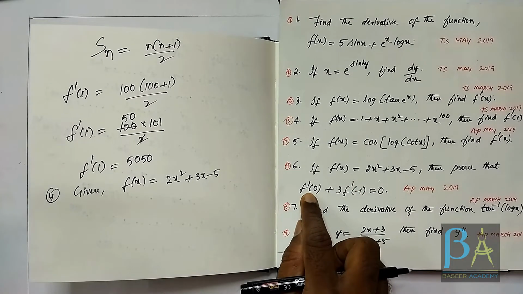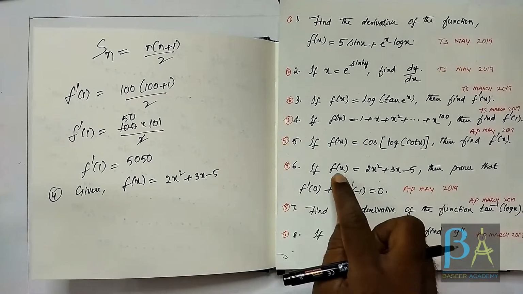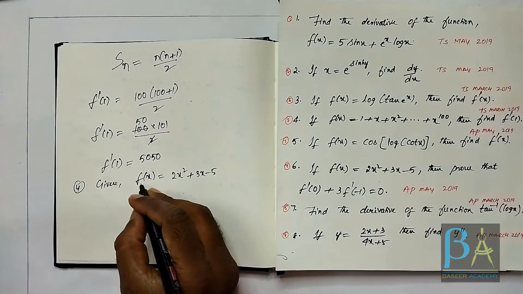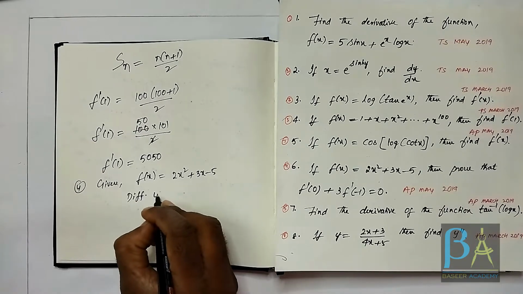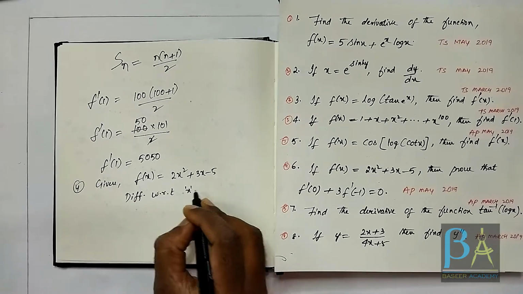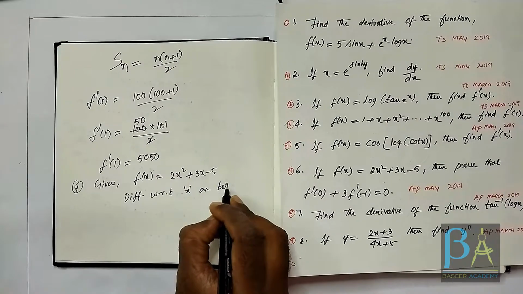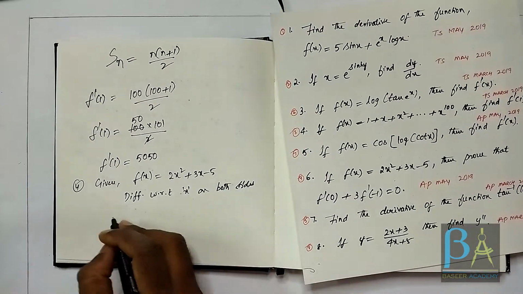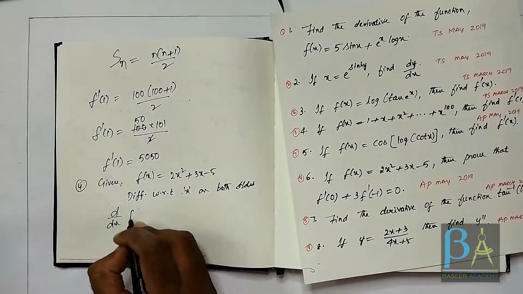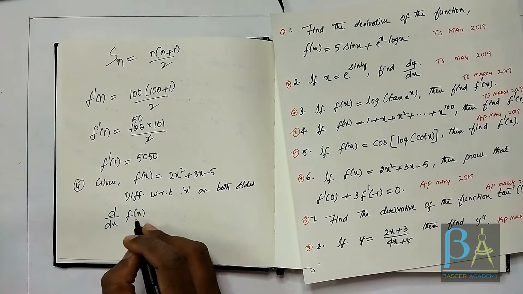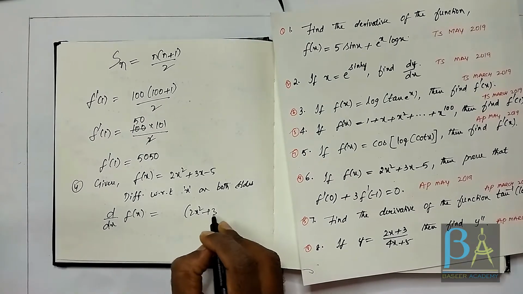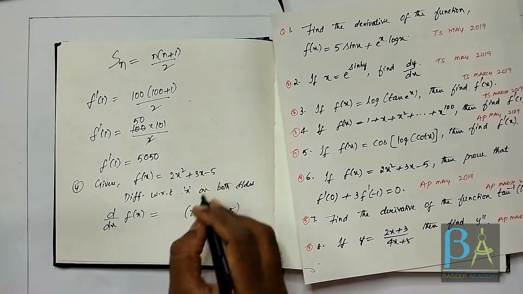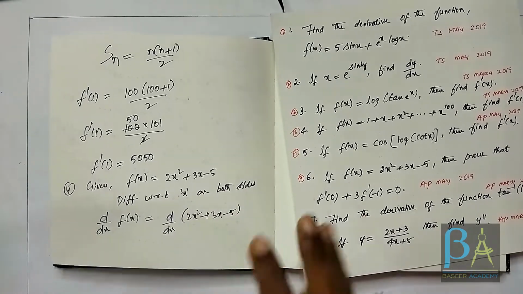Since I need to get f dash, I have to differentiate this, because when you differentiate f of x, it becomes f dash of x. So let's differentiate with respect to x on both sides. I'm differentiating the left hand side, f of x, with respect to x, and I'm differentiating the right hand side with respect to x.